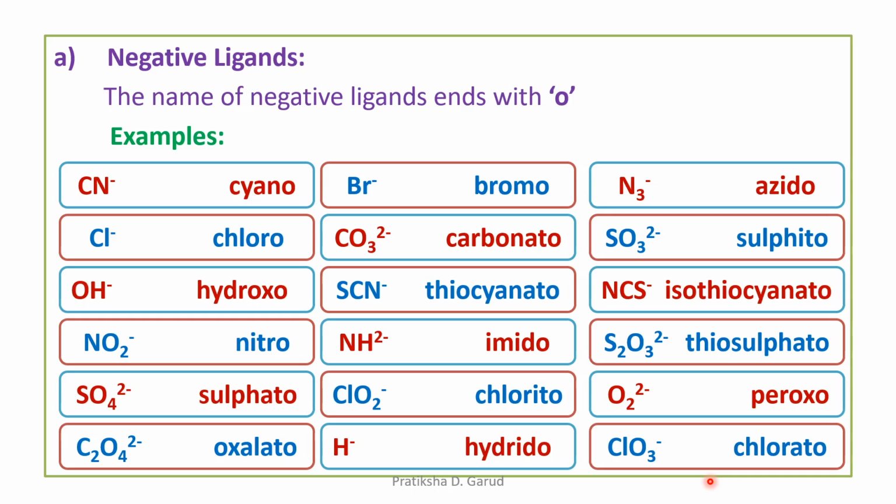These are the various examples of the negative ligands which have the special ending O.